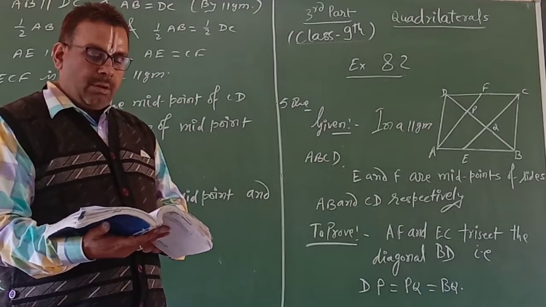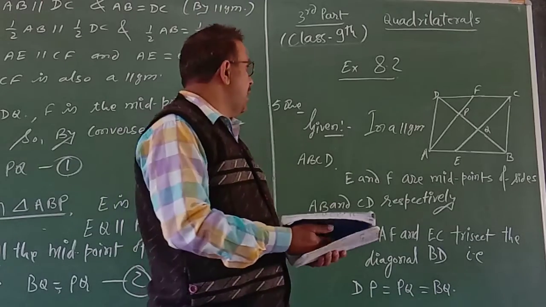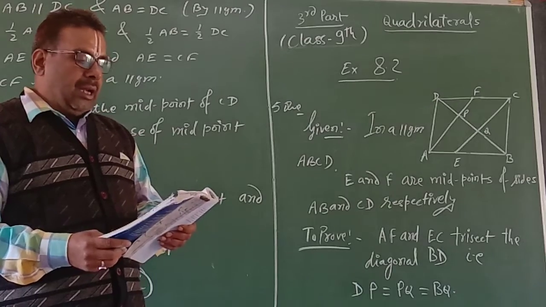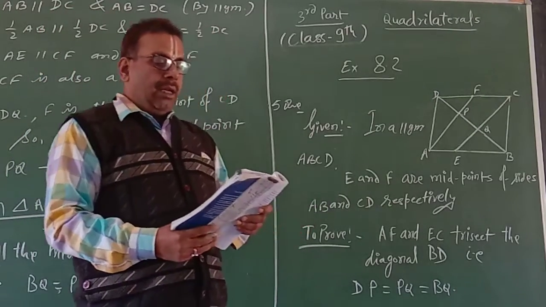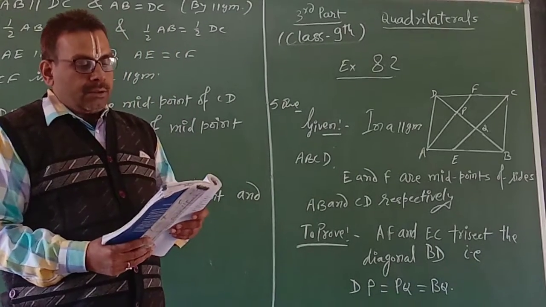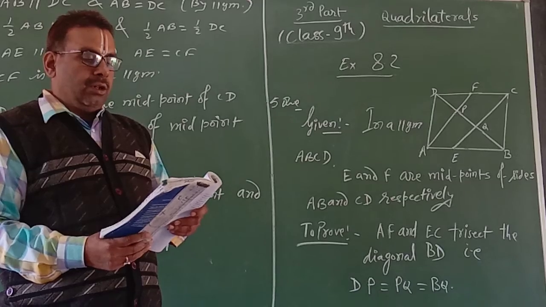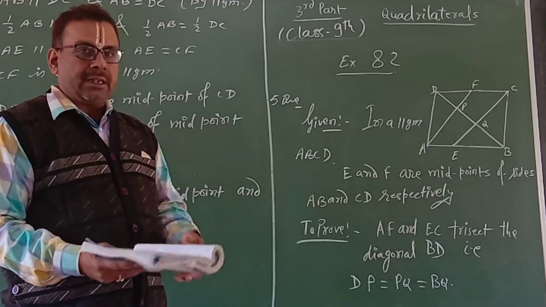Now the remaining problems of exercise 8.2. I have taken problem number 5 here. In your fifth question, we are given a parallelogram ABCD in which E and F are the midpoints of sides AB and CD respectively, and we must show that the line segments AF and EC trisect the diagonal BD.